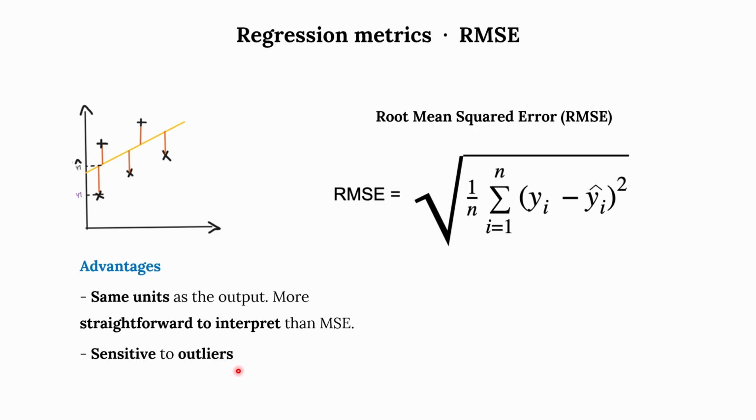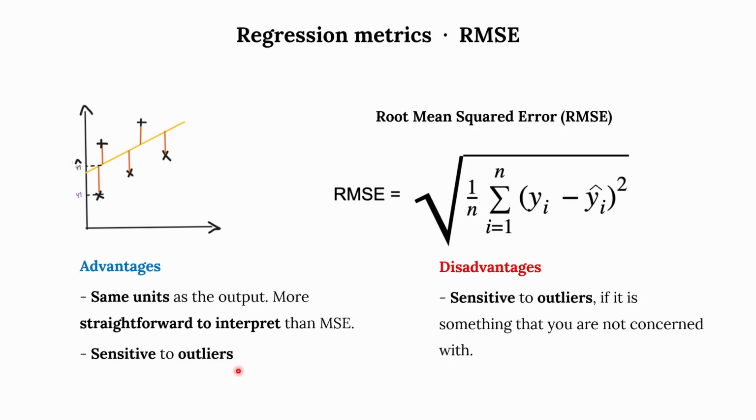Okay, this is an advantage. Disadvantage: also sensitive to outliers, if that is not something you are concerned with. So it depends on the cost of outliers to your model, whether it's an advantage or disadvantage to use the root mean squared error.